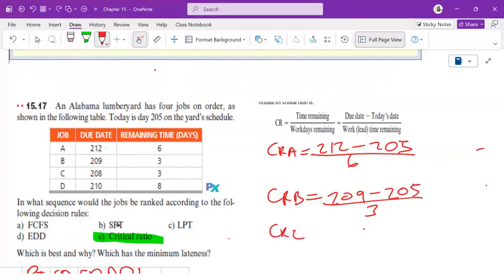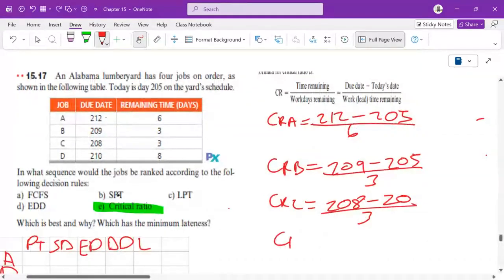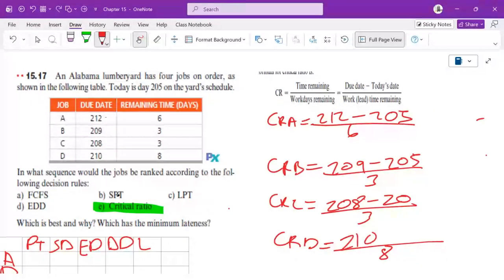CR C equals 3 over 208 minus 205. And the last one is CR D, which equals 8 over 210 minus 205. Okay, equals to.